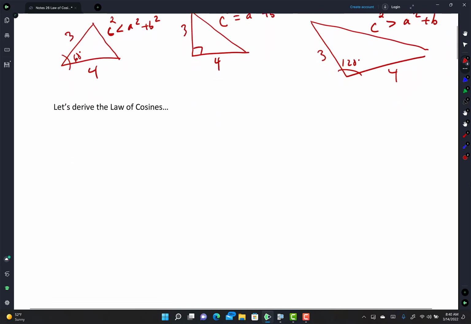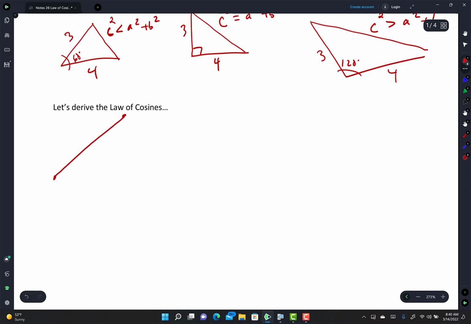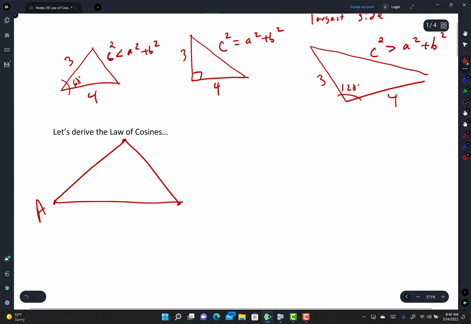Let's talk about how to label triangles real quick. You label triangles with 3 vertices, and you usually call the vertices with capital letters. I'm going to put an A right here. I'm going to put a B right here, and I'm going to put a C right there.